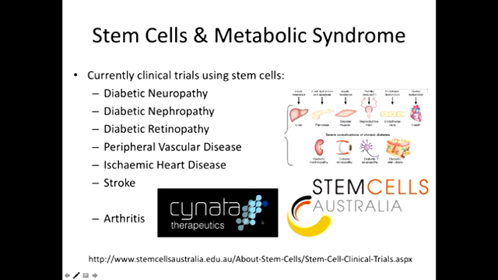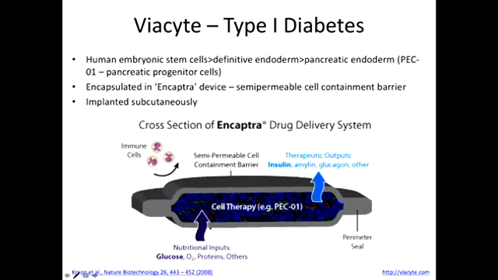Cynata was mentioned by Melissa, and this is where iPS cells are being differentiated into mesenchymal stromal cells, and these are being used for their immunomodulatory properties in graft versus host disease.